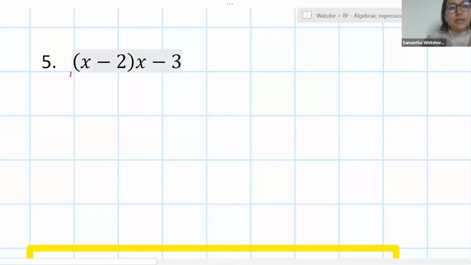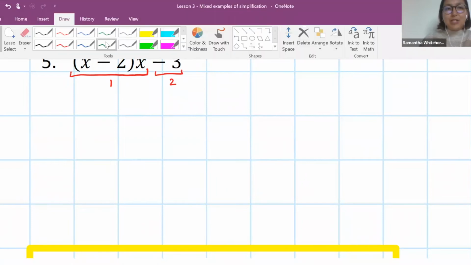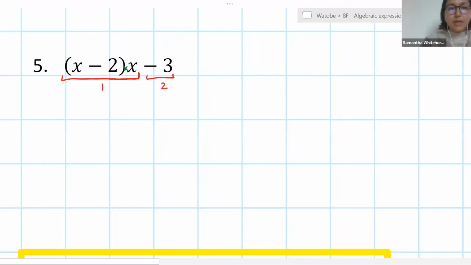So my terms here are this bracket times the x, and then the negative 3. The x is not at the front of the bracket, it's actually at the end, but that doesn't matter. There's still a multiplication between the x and the bracket. So I still need to multiply the x and the negative 2 and the x and the x.